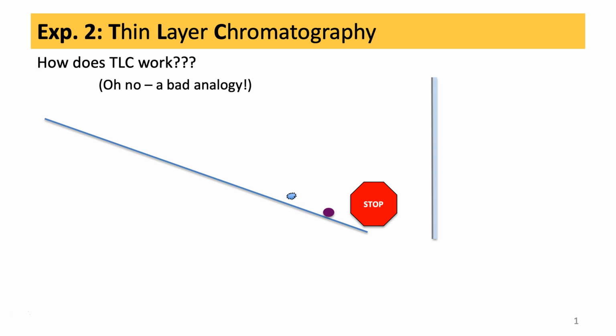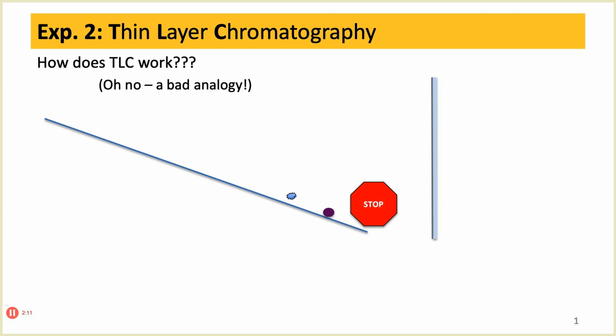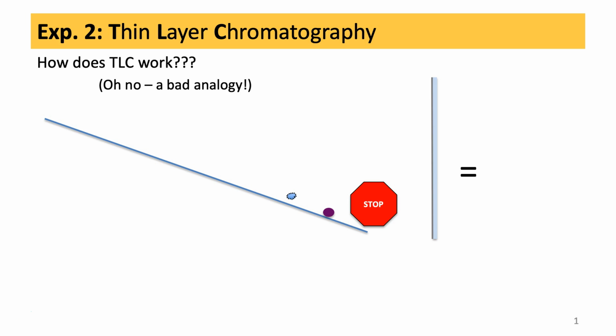You see, if I just take that plank and tip it up vertically, it's just like a TLC plate. This blue thing is just the glass backing, and that tiny gray layer is something called the stationary phase, the adsorbent. And that is like the carpet. So, when I roll my mixture of stuff, one goes faster than the other. That's exactly what happens in TLC.